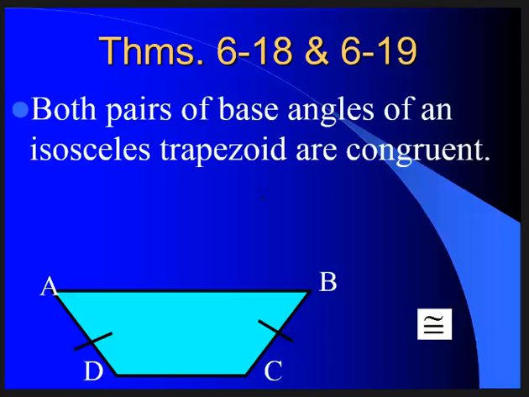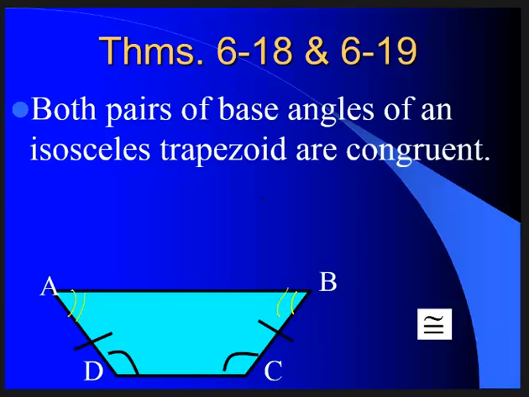If you have an isosceles trapezoid, then the base angles, which are these angles that come off the base, are going to be congruent to each other. Both pair are. Okay, so these up here are going to be congruent as well. Now, the 2 pair are not congruent to each other, but the 2 in the pair are congruent to each other.